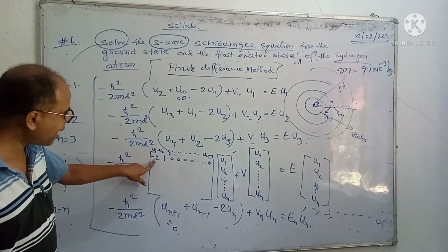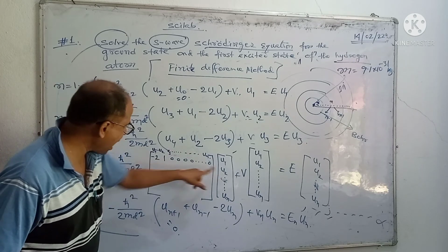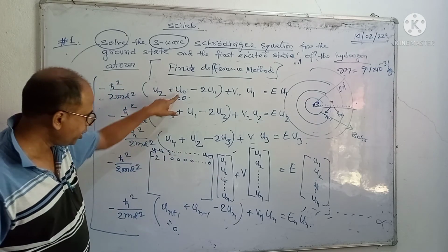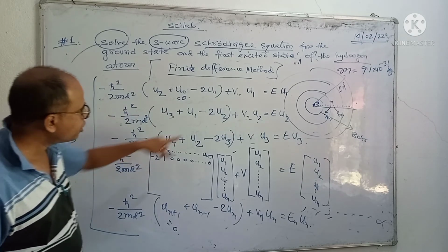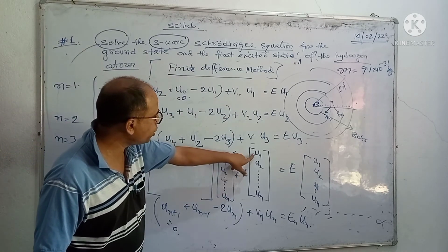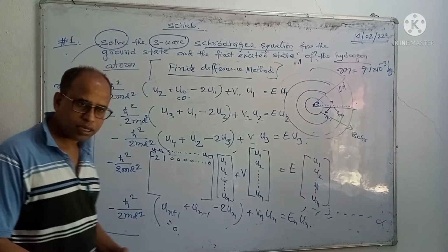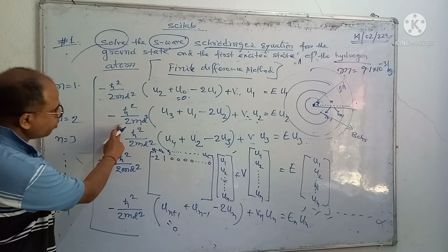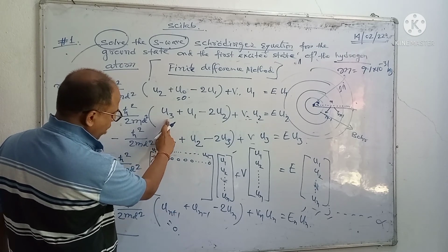You see -2 into U1 plus U2, U0 is 0 into minus a square by 2md square plus V into U1 is equal to E into U1. Right? Next this one is U3 is 1.